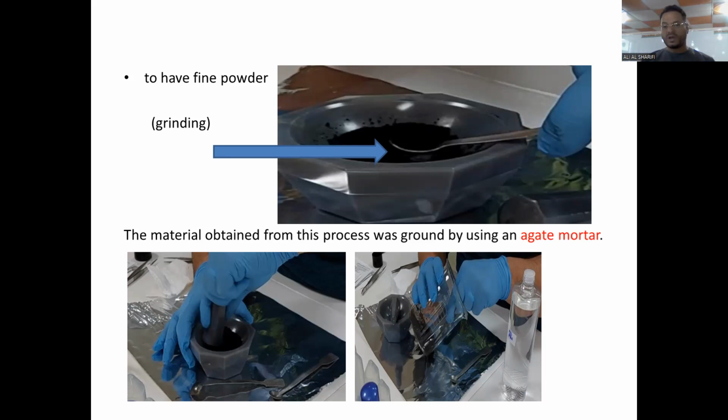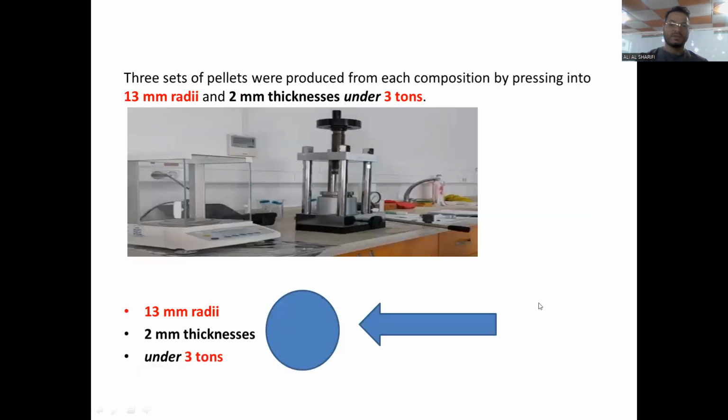By using what? By using an agate mortar. This tool is an agate mortar to do the grinding process. But at first, we must clean all our tools by using alcohol, some strong chemical liquid to clean our tools.